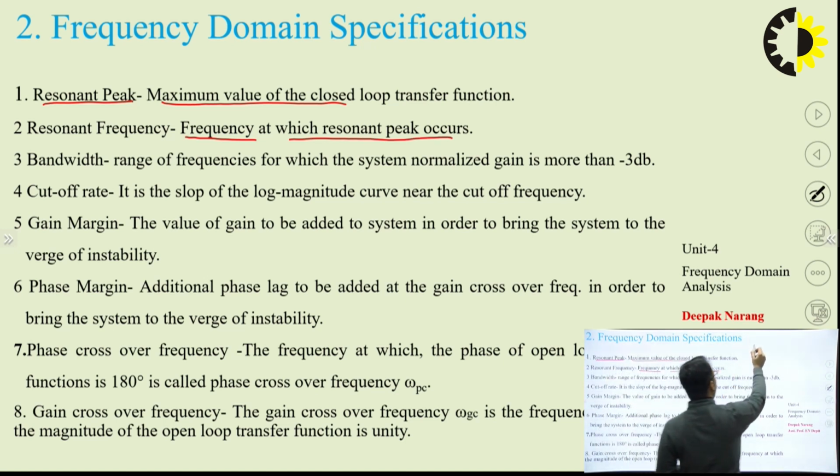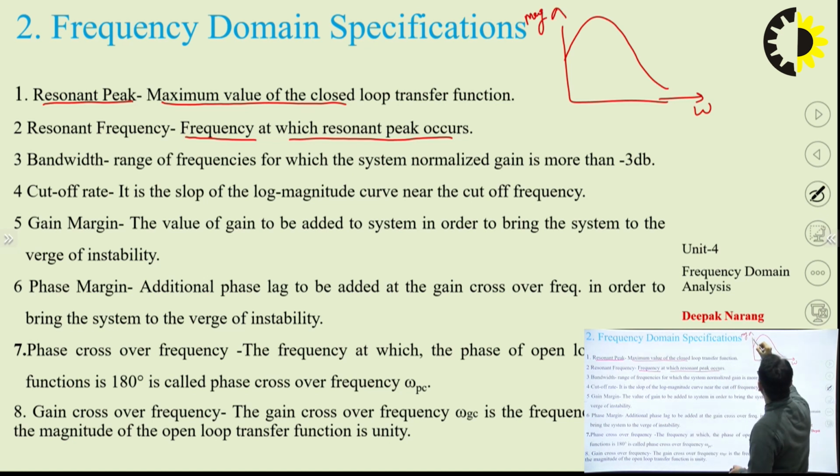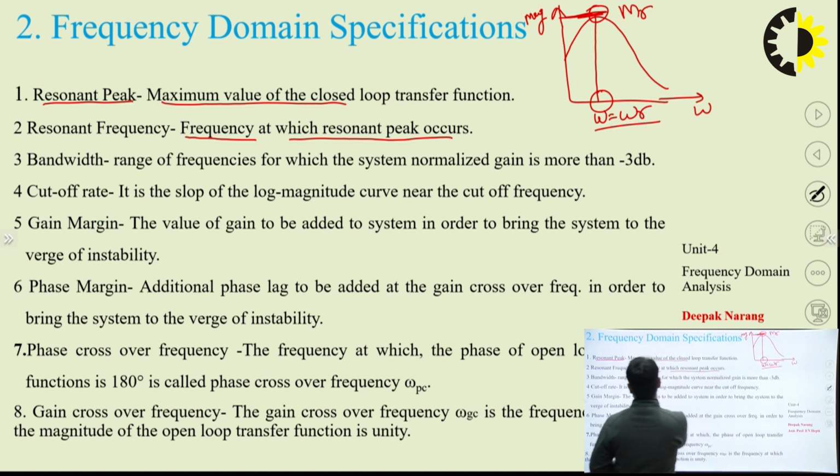For example, if this is our response, okay, we can see here we are having the maximum value. So this is our maximum resonant peak, okay, and this is occurring at this frequency, and this is termed as resonant frequency.